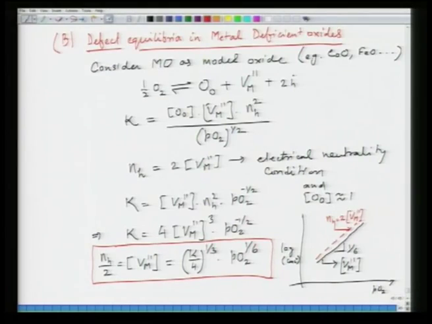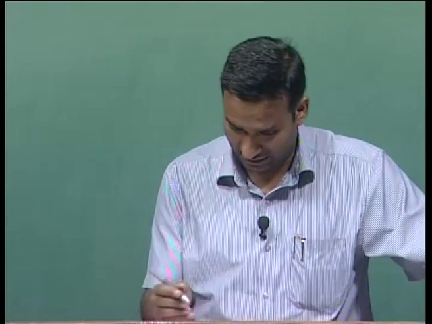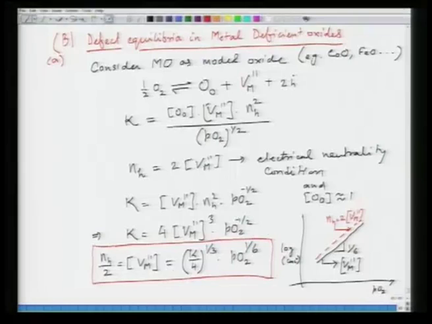When metal vacancies are dominating defects, you can do the similar exercise for other conditions. So, I will just leave it to you. For example, I will just mention the condition here. Condition A, when Vm dominate, and I will leave it to you as an exercise.